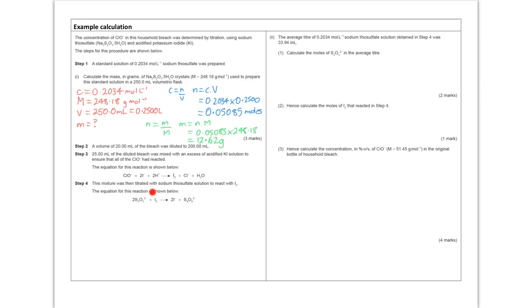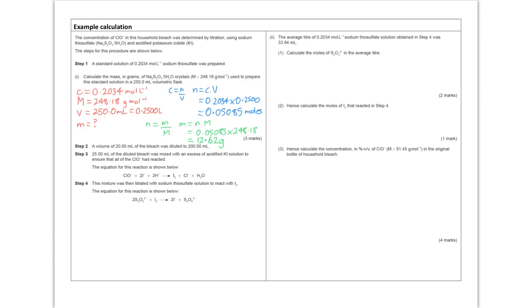This mixture was then titrated with sodium thiosulfate solution to react with the iodine. The equation for this reaction is shown below. So what's going on here? For every one of these ClO-, we will form one iodine. So however many iodine are present equals how many moles of ClO- must be present. Then in this step we work out the number of moles of iodine because we react it with the thiosulfate.